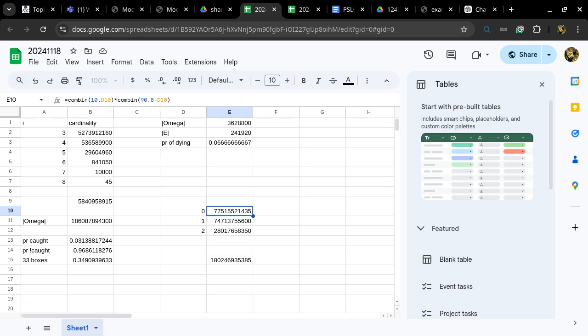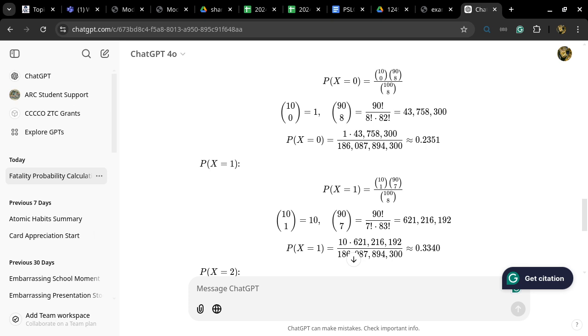This number doesn't match what ChatGPT gave me. So D10 is indeed the 0. I'm just aligning the rows here. Okay, that's 0. And according to ChatGPT, this thing is divided by, okay, so it did all the division already.